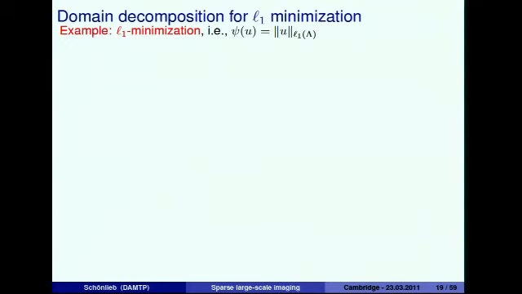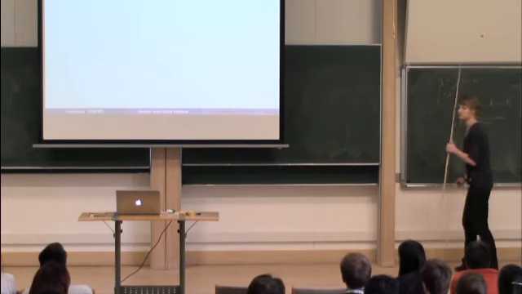All right. One example where everything is quite well understood is L1 minimization. For L1 minimization, the nice thing is that we actually have more than in the general situation.